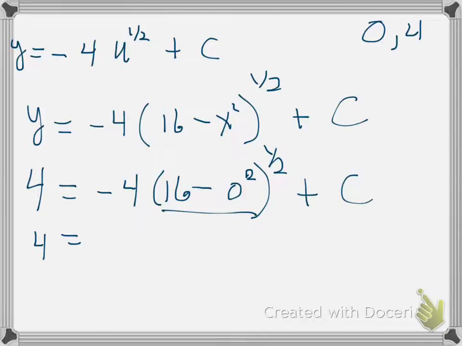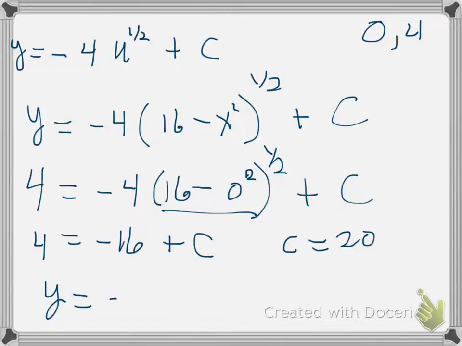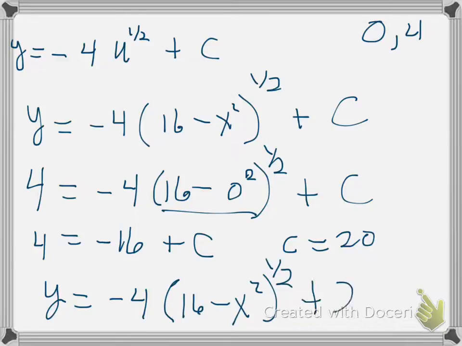Okay, 16 minus 0 is 16, and 16 raised to the 1/2 power is 4. 4 times negative 4 is negative 16 plus c. So this is going to make c equal 20. So our equation is y equals negative 4 times 16 minus x squared raised to the 1/2, plus 20.